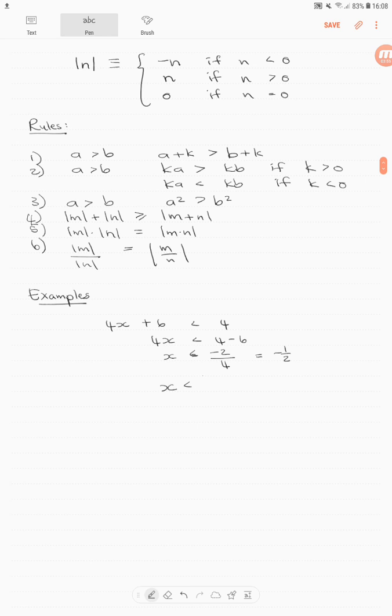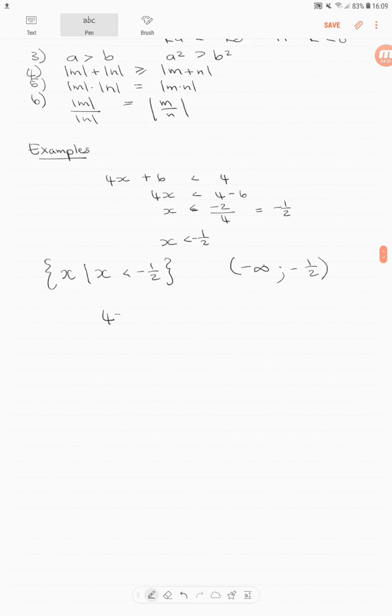So x is smaller than negative a half. In set notation, this means x, given that x is smaller than negative a half. And in bracket form, x can be anything from negative infinity to negative a half. These brackets indicate that the value is not included, so there's no equal sign here.